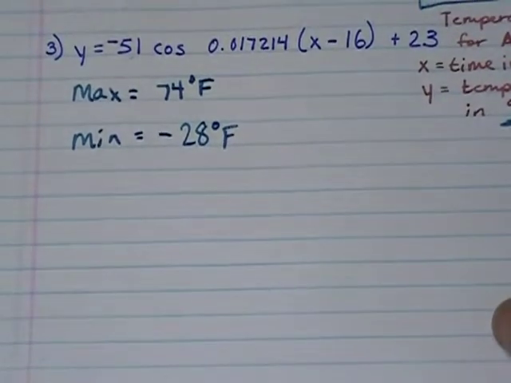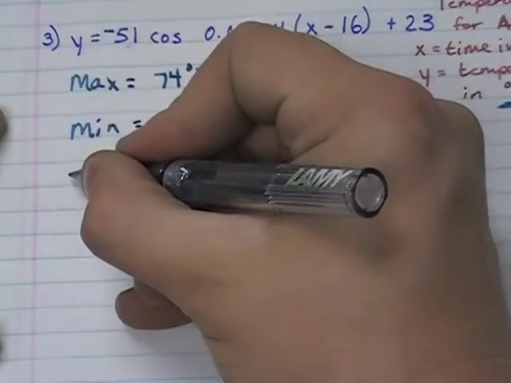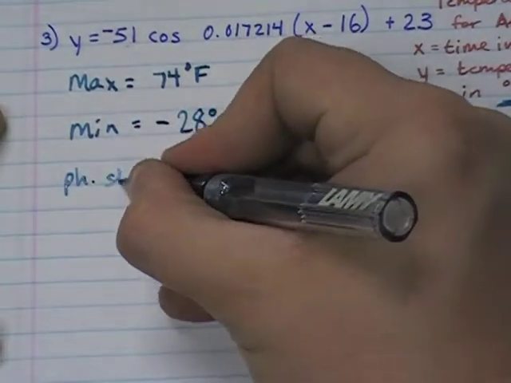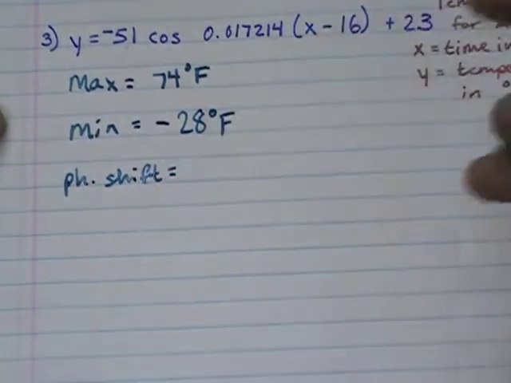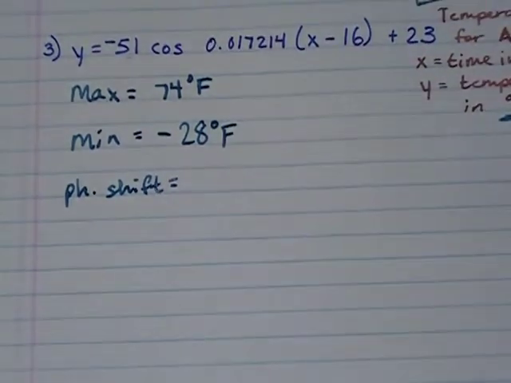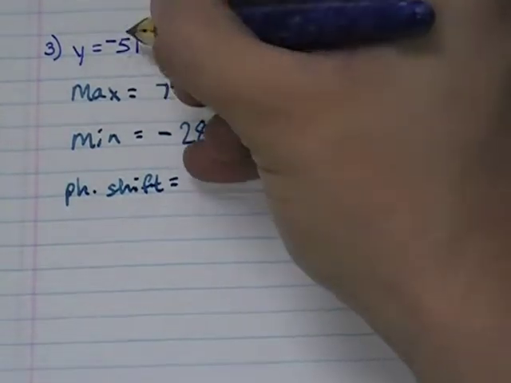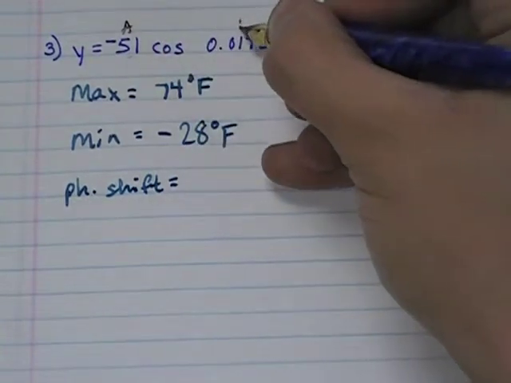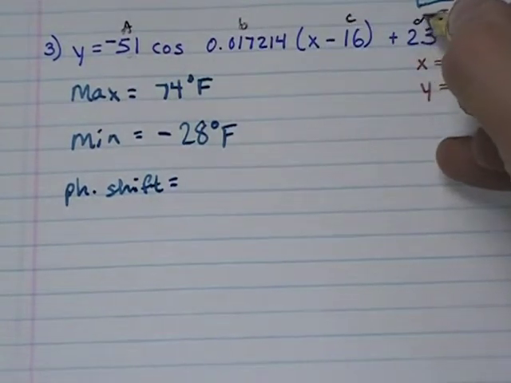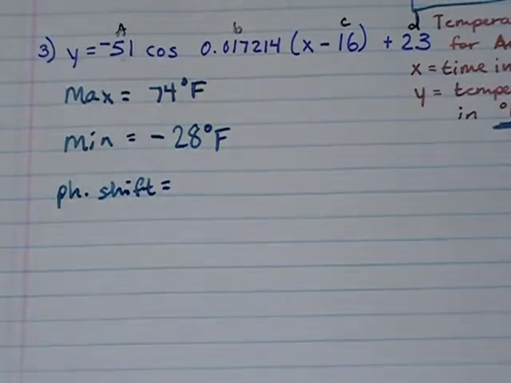Okay. Now, given that, we want to find our phase shift. And phase shift for any graph is always just going to be the C term, okay? And again, if I labeled these, this would be A, this would be B, this would be C, and this would be D, okay?